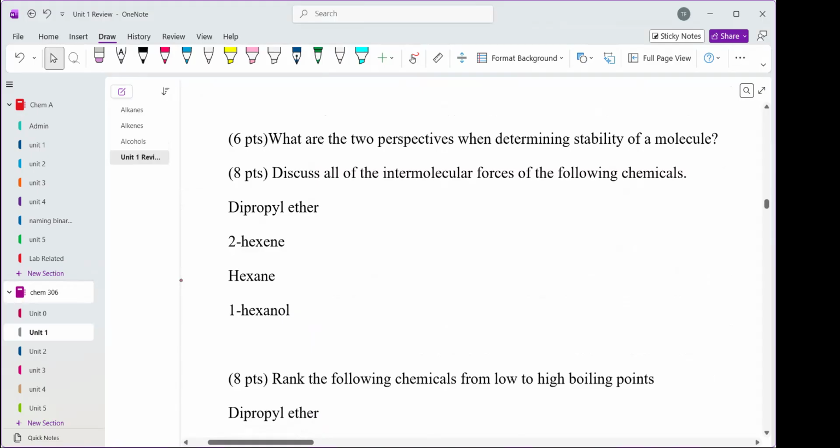Okay, so let's look at the intermolecular forces for the following. Dipropyl ether. Okay, first of all, it has LDF. So this is going to have dipole-dipole, that's between the carbon-oxygen bonds.